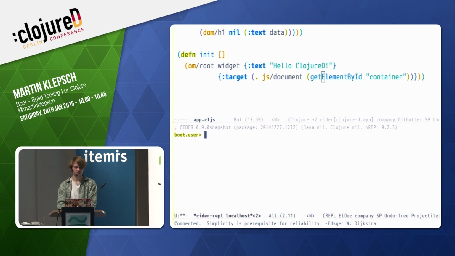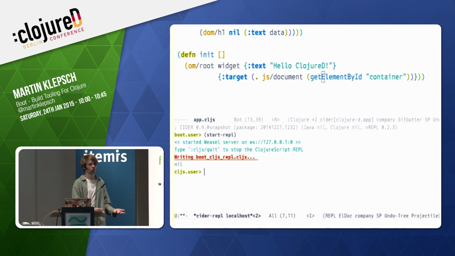So what we can do now without influencing our actual application source code at all, is start a browser REPL. And that gets us into a ClojureScript REPL, which allows us then to evaluate ClojureScript in the running application in the browser, which is not new, but still awesome. So let's alert something.